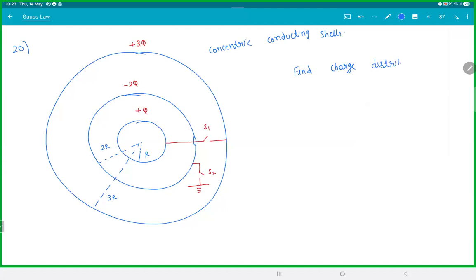Find charge distribution when S1, S2 both are closed. Get this, you got this, you understood shells. They generally don't go beyond this. We'll see the shells again in capacitors though. So the ending of Gauss law is the beginning of capacitors.